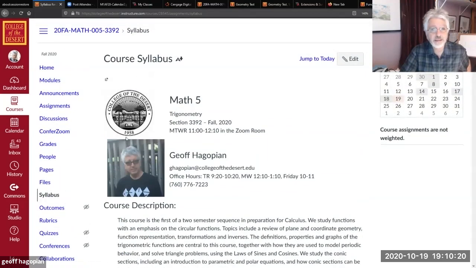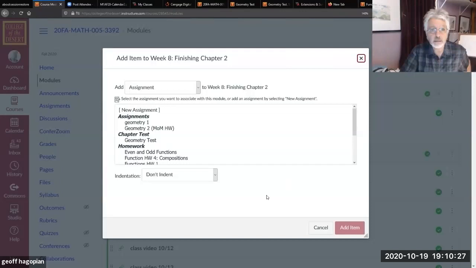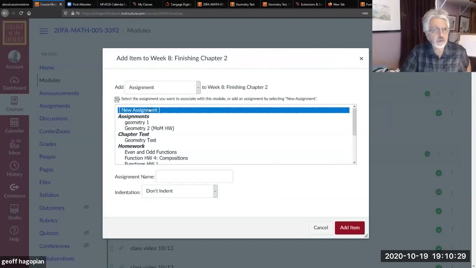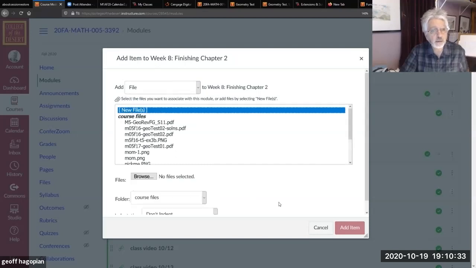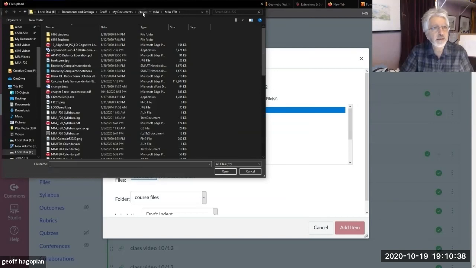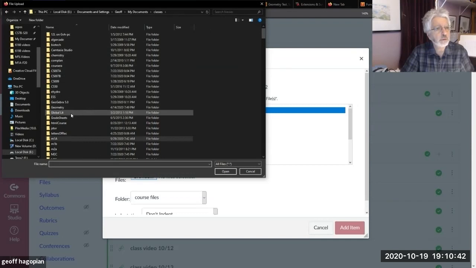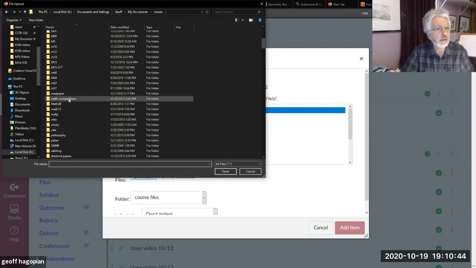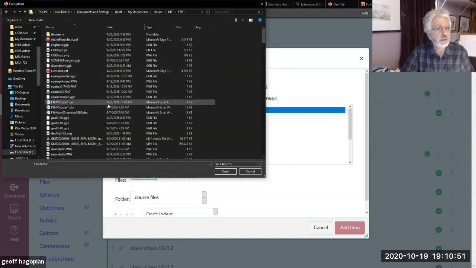Okay. Let's go back to modules. I'm just going to find it and add it. So I'm going to add new, not an assignment, but a file, new file. I'm going to browse for it and find it in my directory.